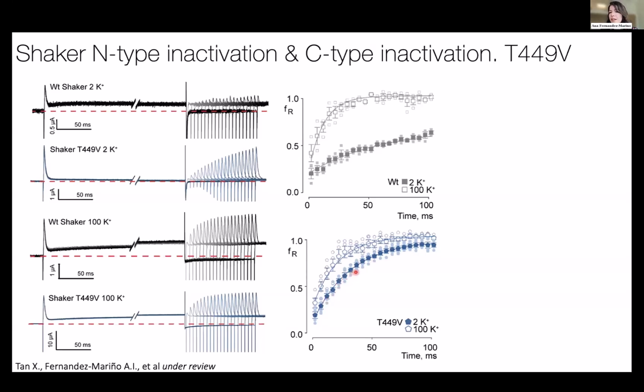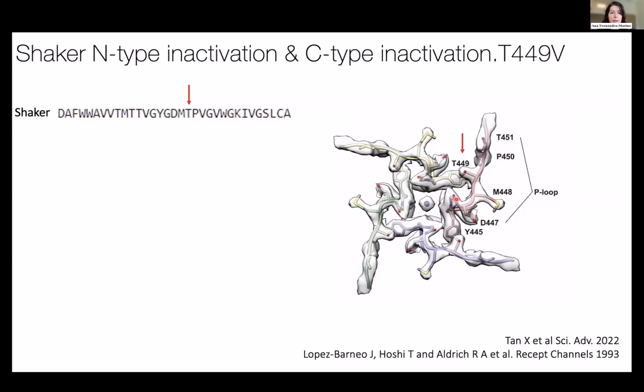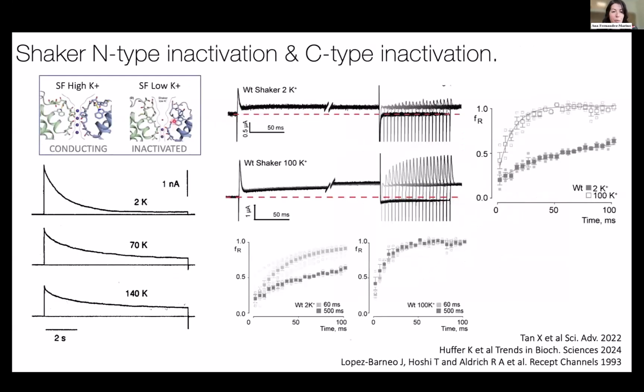So it's not perfectly overlapping, which is telling me that there may be something else here, which may be related to the architecture of the selectivity filter, because the mutation is here, but we see the dilation happening from here, from the middle out. So there is a lot of things moving in here, and how that is affecting what's happening down, I'm not sure. It may be the potassium, but it looks like it's more related with the C-type inactivation.